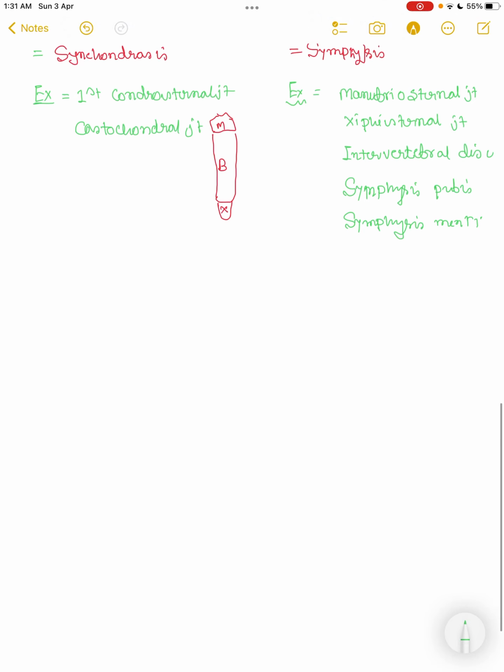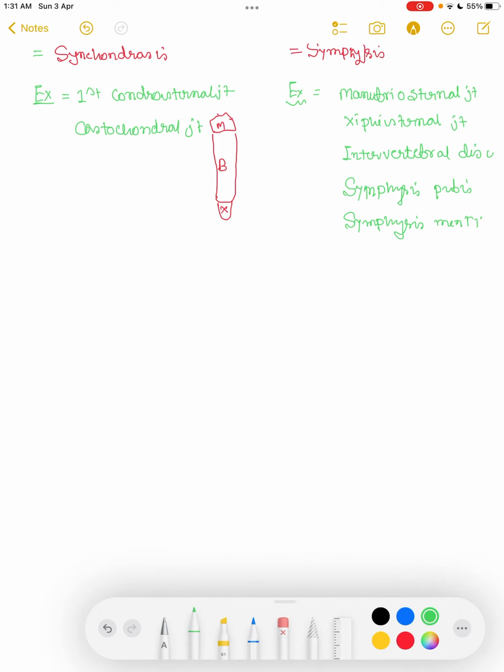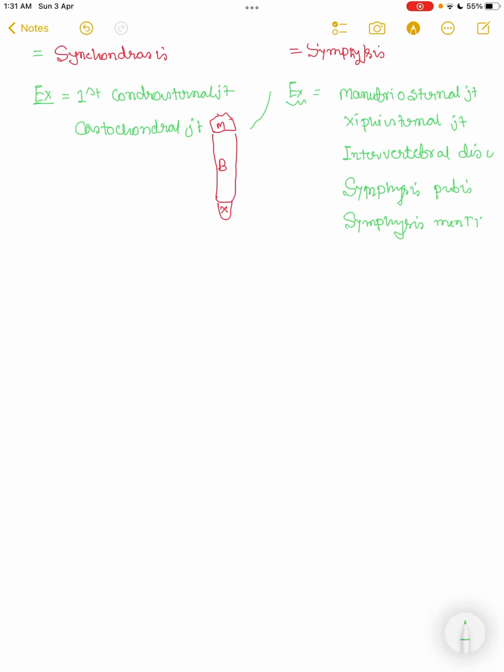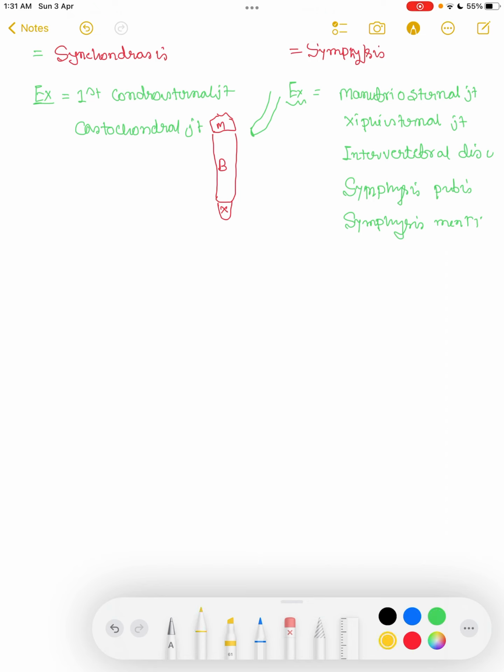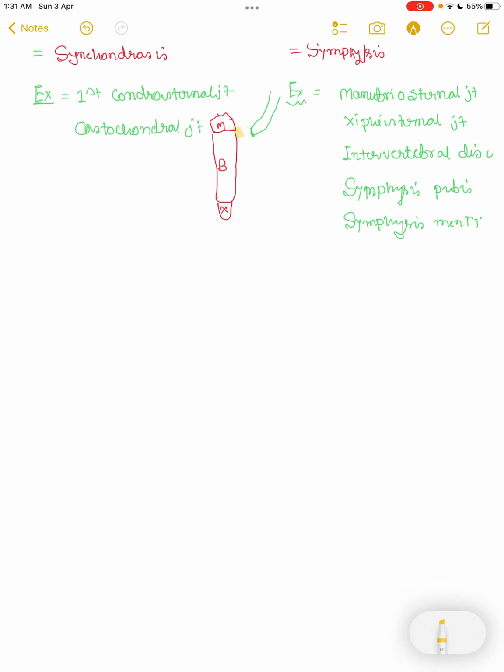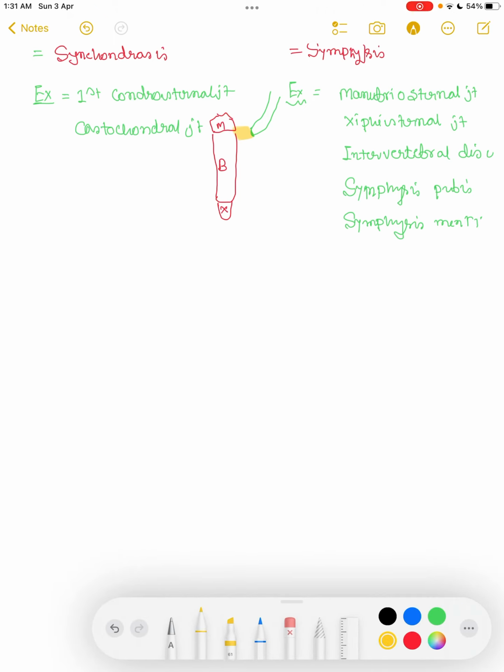So just for clarity, suppose this is the manubrium, and the rib is coming and attaching here.